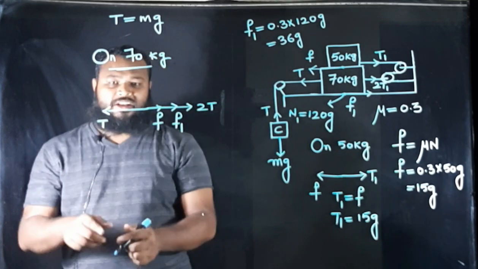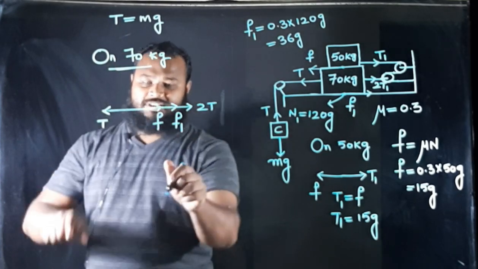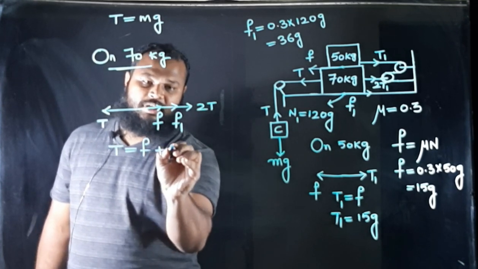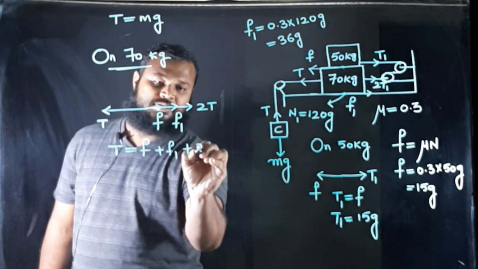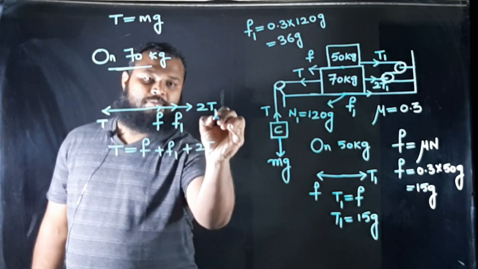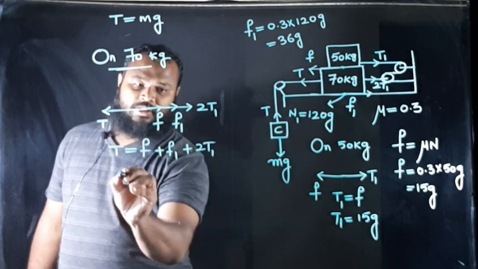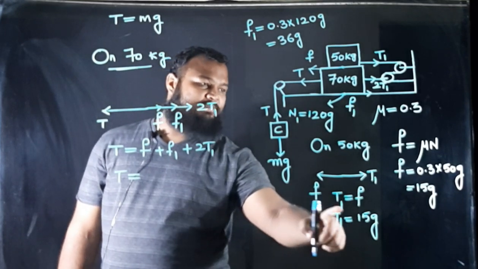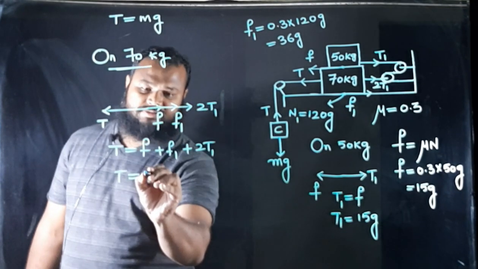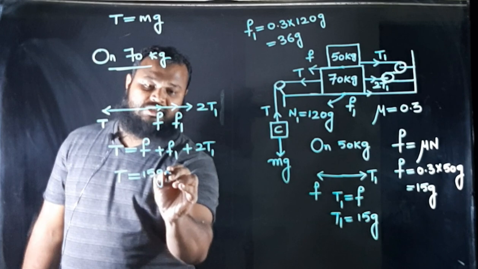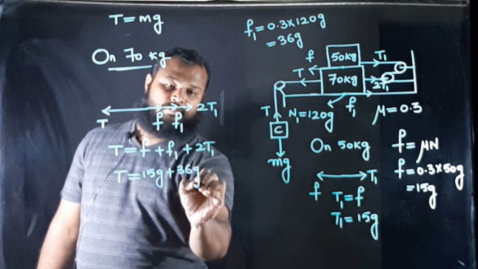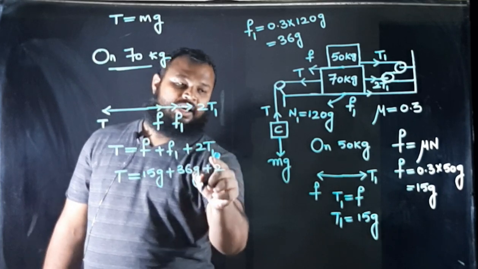If it has to balance, then T must be equal to the sum of these three. So T is F plus F1 plus 2T1. The value of F is nothing but 15g. The value of F1 is 36g, plus 2 times T1.